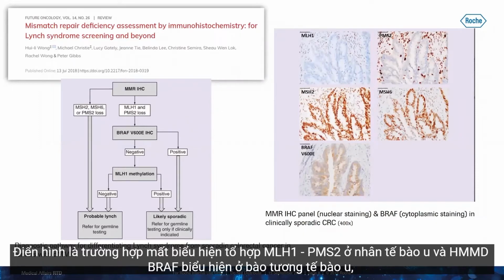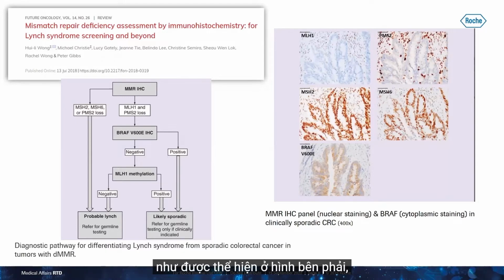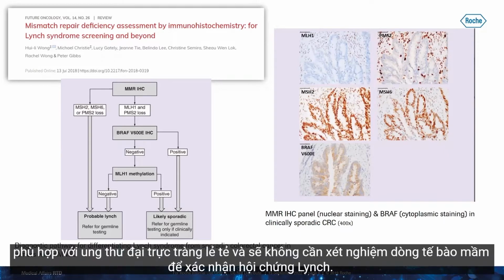And if BRAF immunohistochemistry shows cytoplasmic staining in a tumor where MLH1 and PMS2 show loss of nuclear expression, as shown in the image on the right, the colorectal cancer is considered clinically sporadic and would not need germline testing to confirm Lynch syndrome.